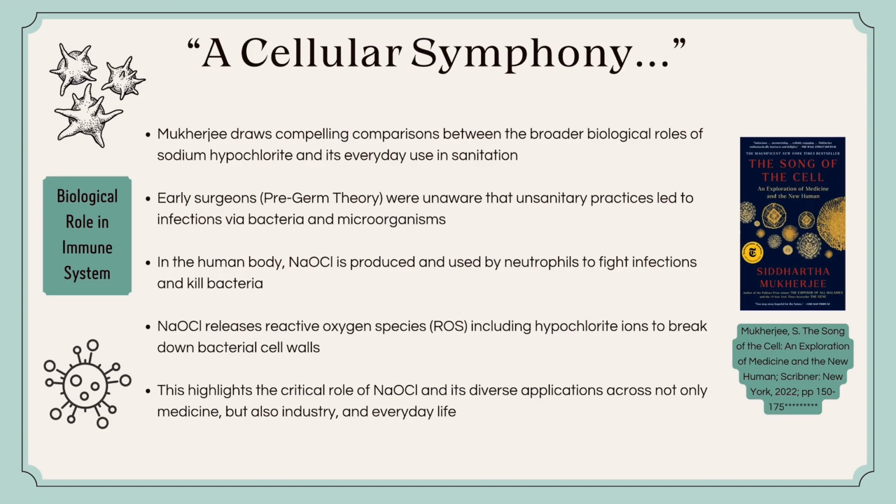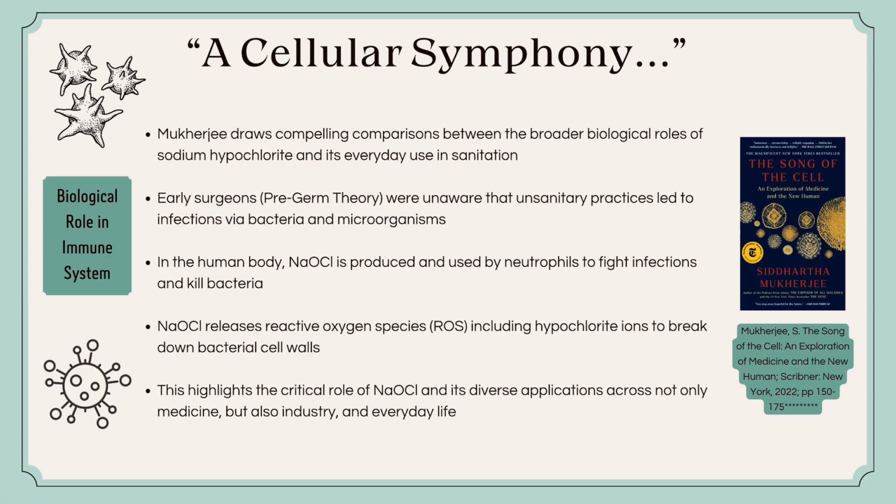But he draws many compelling comparisons between the biological roles of sodium hypochlorite and its everyday use in sanitation as well. So he highlights how in the human body, sodium hypochlorite is actually naturally produced by neutrophils. Neutrophils are a type of white blood cell in the human immune system, specifically used to fight infections.